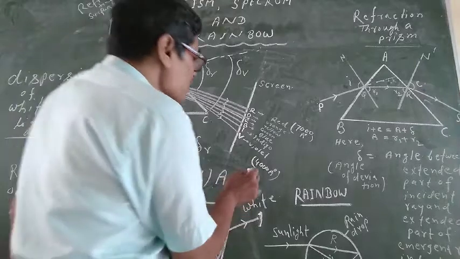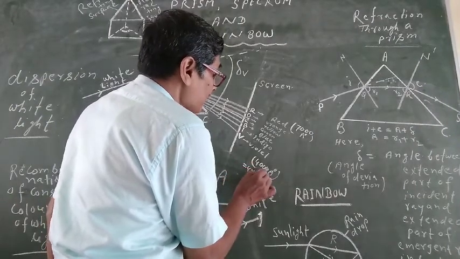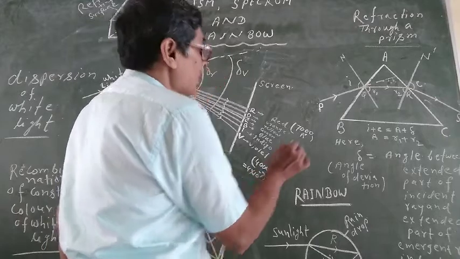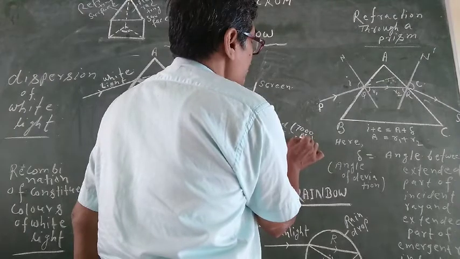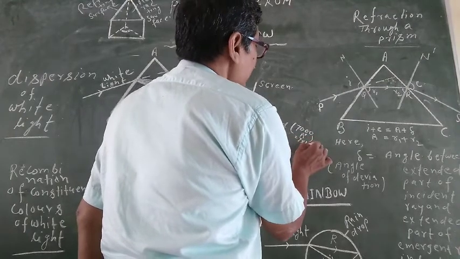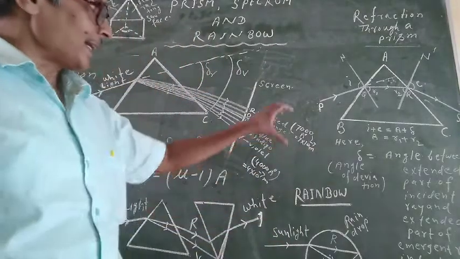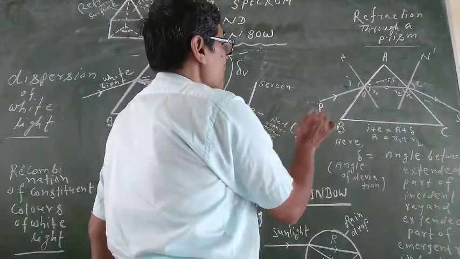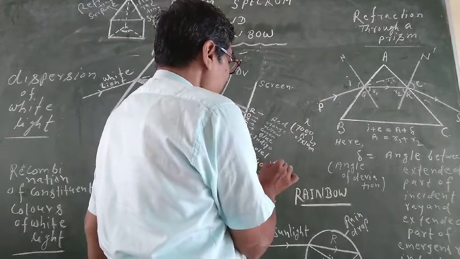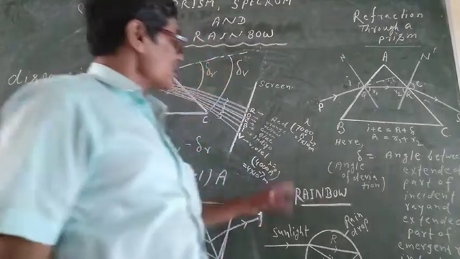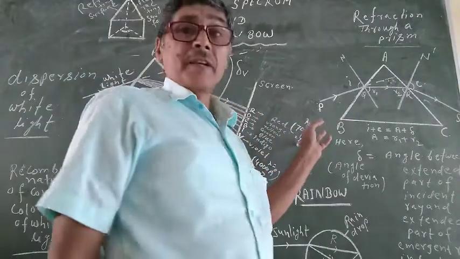So 4000 angstrom is 4 into 10 to the power minus 7 meter, and 7000 angstrom is 7 into 10 to the power minus 7 meter. The wavelength of red color is most and of violet color is least. The colors having least wavelength are scattered most, and the colors having most wavelength are scattered least.